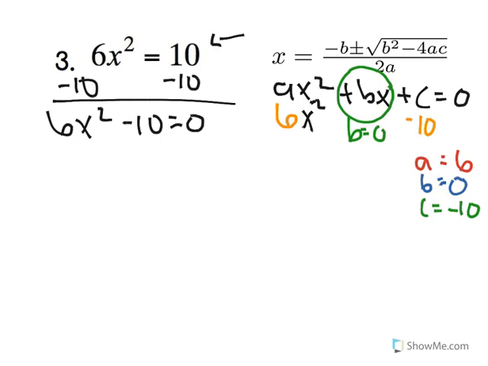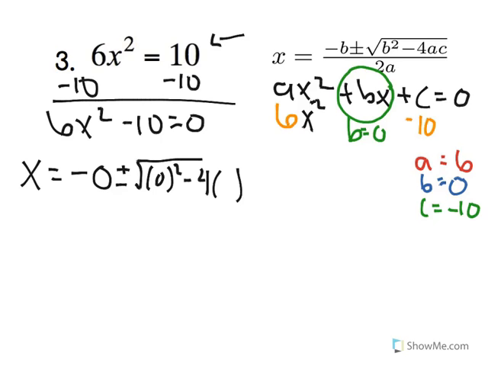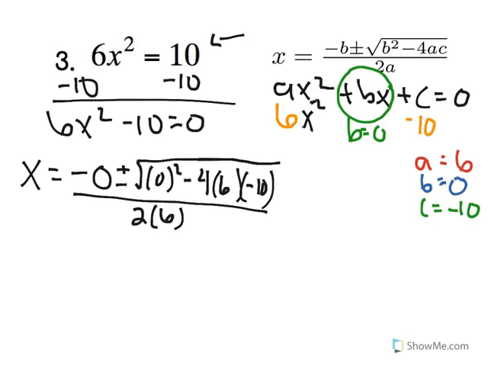So now we're going to plug those numbers in. We get x equals negative b, so negative 0, plus or minus the square root of b squared, so 0 squared, minus 4 times a times c, where a is 6 and c is negative 10. And then everything is divided by 2 times a, which is 6. So now we're going to just do the inside.